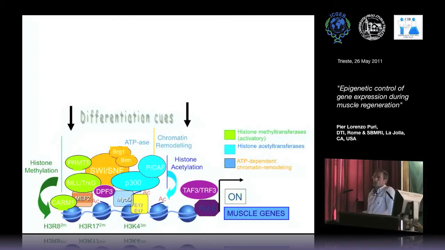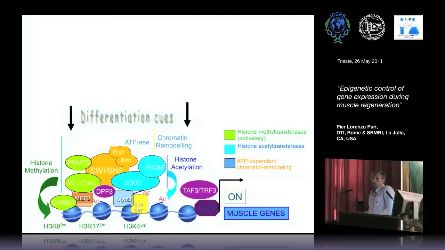So in the absence of histone deacetylases, the acetyltransferases PCAF and P300 induce the local hyperacetylation, which relaxes the chromatin. And then there are a number of other components which induce arginine and lysine methylation.